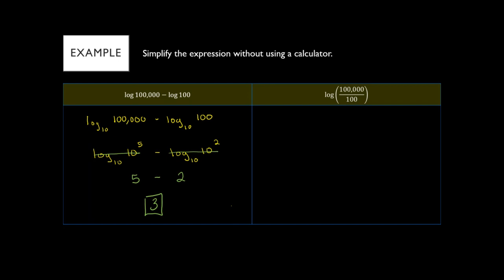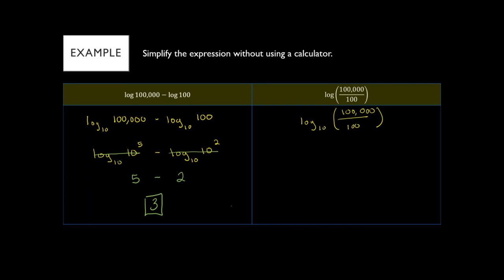So example on the right, again, we've got log. There's no base actually written, so it's assumed it's base 10. And inside we have 100,000 over 100. So I'm going to first rewrite this as log base 10 of 100,000 over 100.